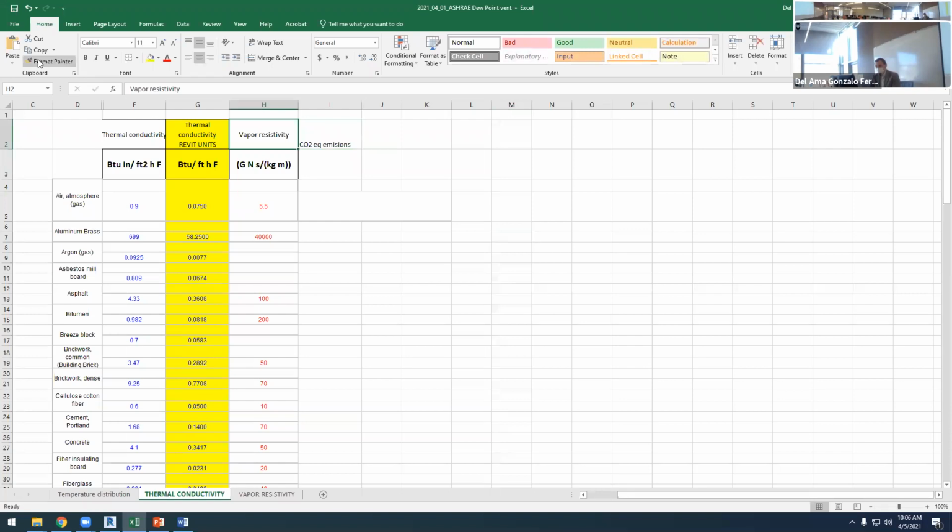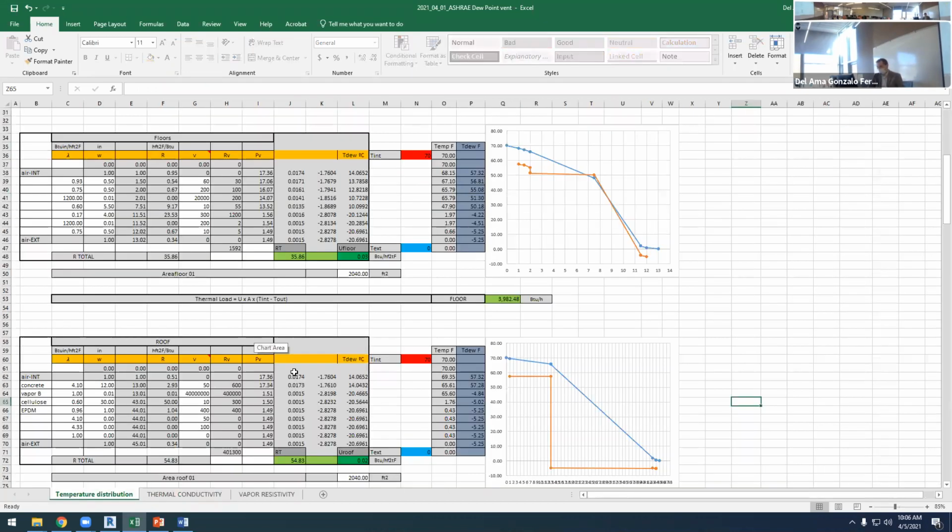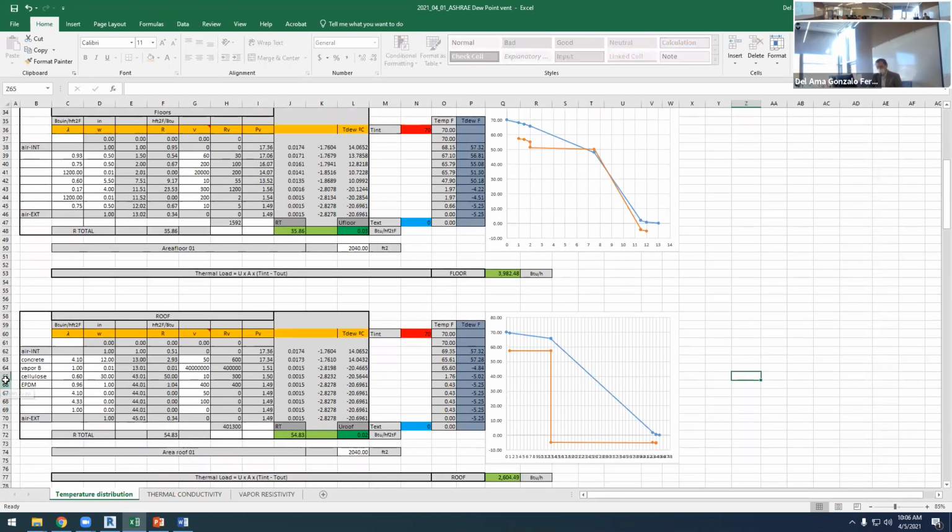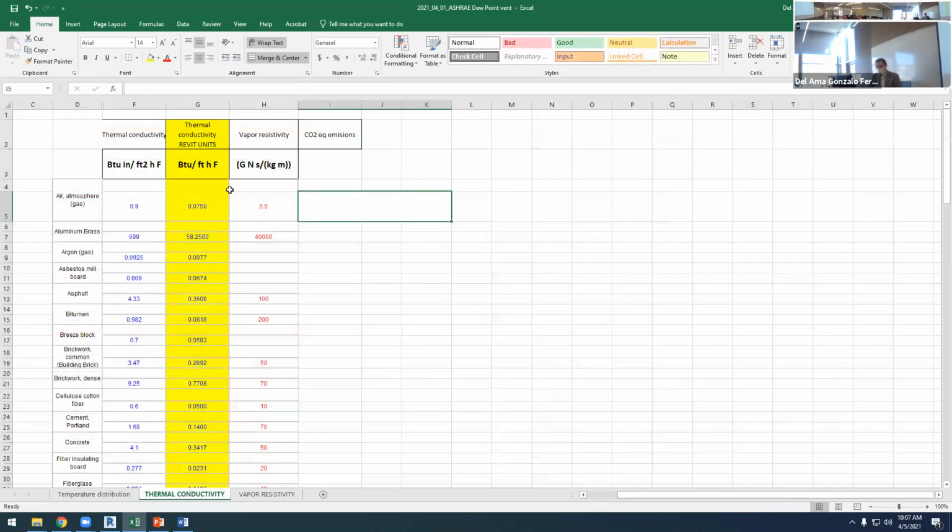Okay, so next year I will add another column here, and this is something that we need to know to assess this material, because when it comes to thermal conductivity and condensation risk, cellulose is always going to be the worst. So if you want to make cellulose good, we need to add this column here. Okay, so we're not doing this year, but next year I will.